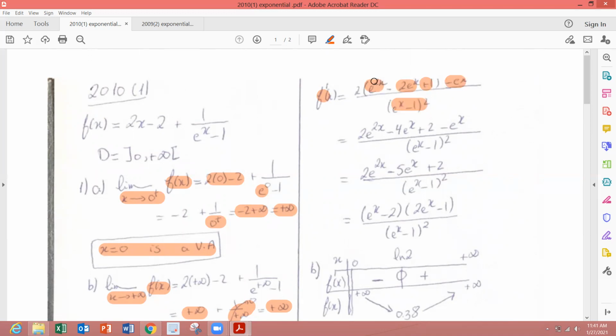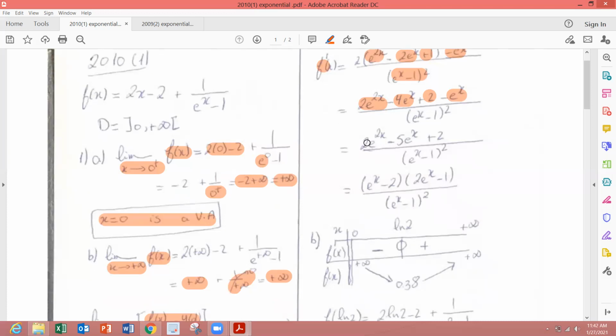We expand: 2e^(2x) minus 4e^x plus 2 minus e^x. It is equal to 2e^(2x) minus 4e^x minus e^x, which is minus 5e^x, plus 2.